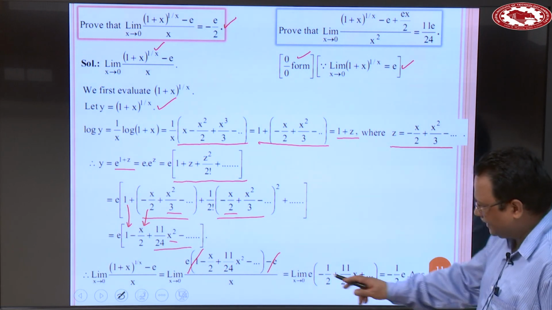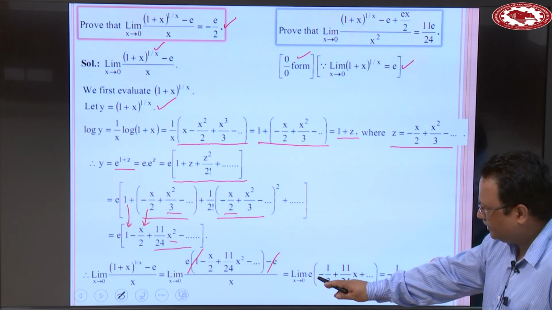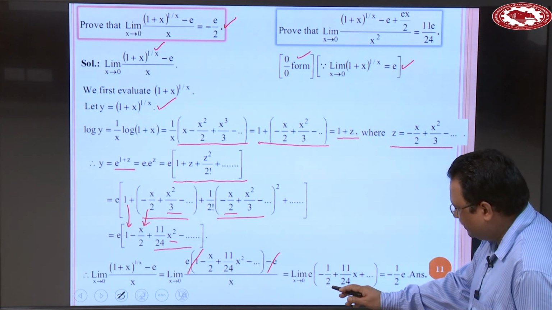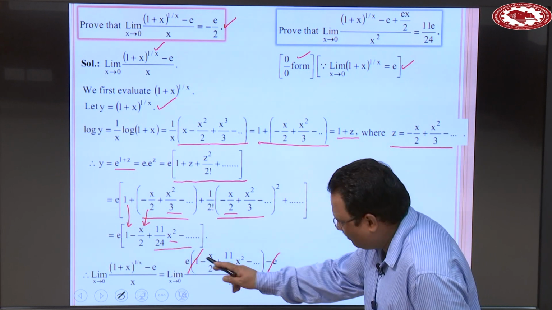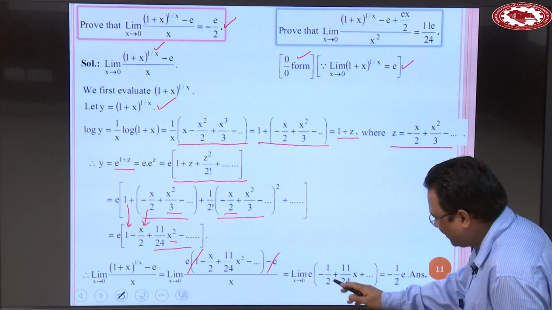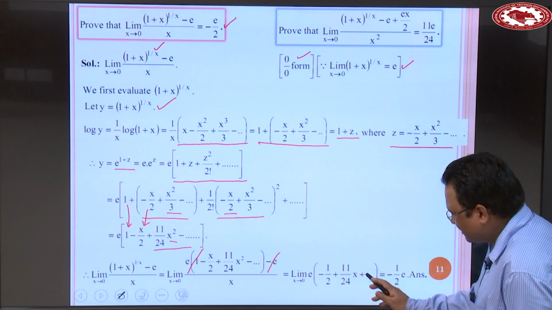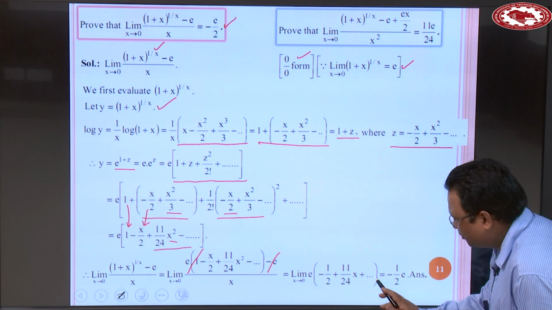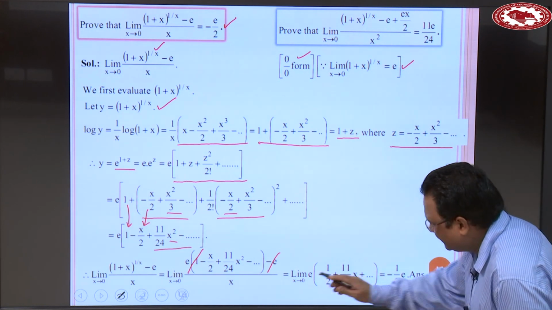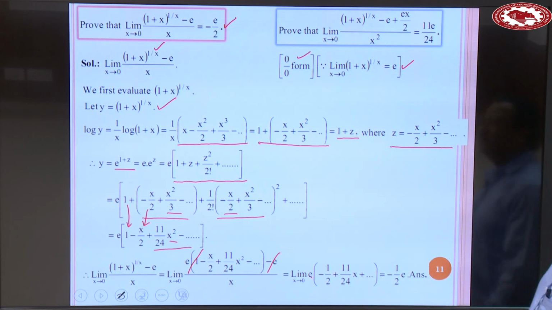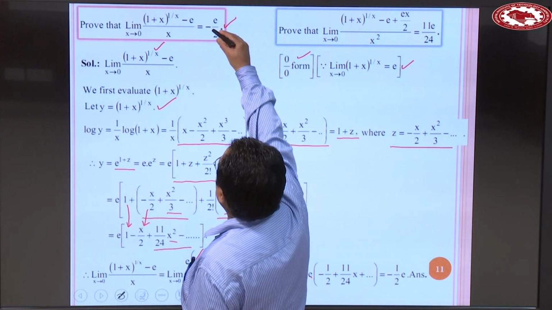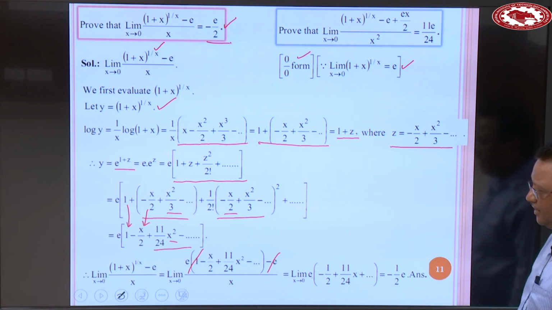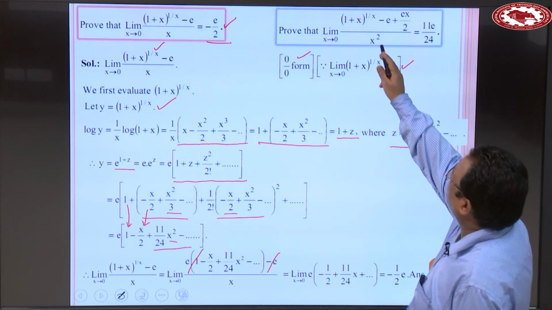We obtain limit x tend to 0, e within the bracket, x common, so x cancel, we get minus 1 by 2 plus 11 over 24 x plus and so on. So when we apply this limit, all other terms are 0, we get minus 1 over 2 e. So we get minus e over 2.